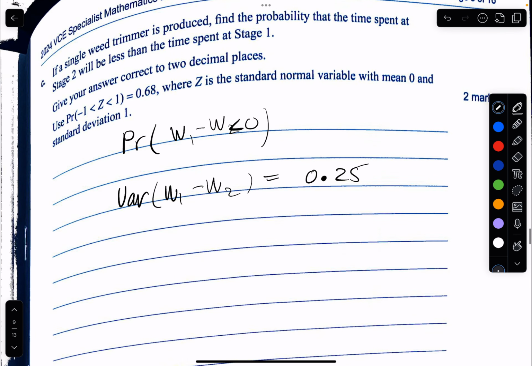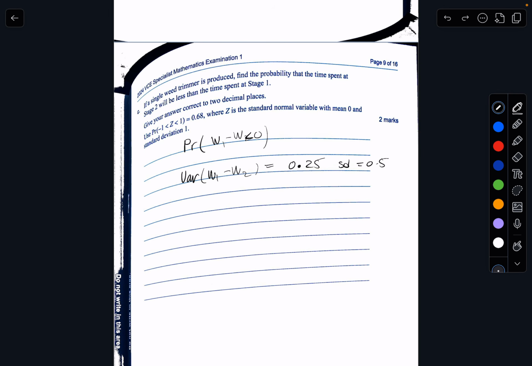And so the standard deviation is the square root of that, which is 0.5. Because remember, we're going backwards, if we square that, we'll get that.